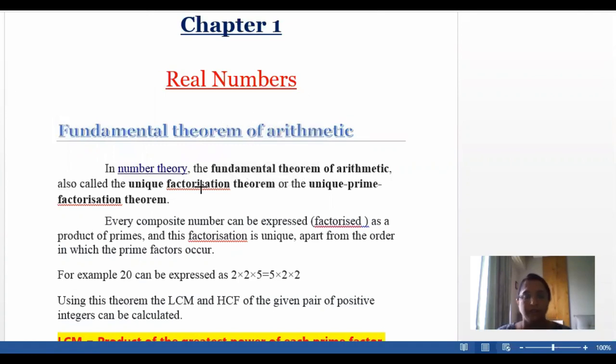LCM and HCF. The fundamental theorem of arithmetic is also called the unique factorization theorem or unique prime factorization theorem.